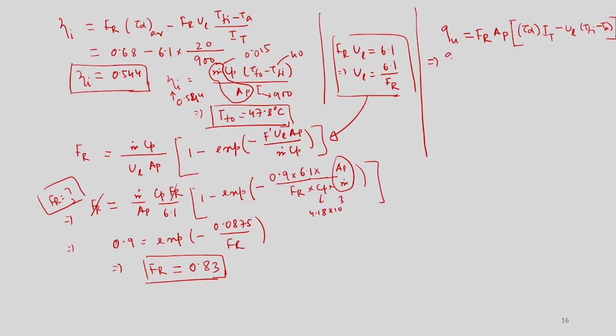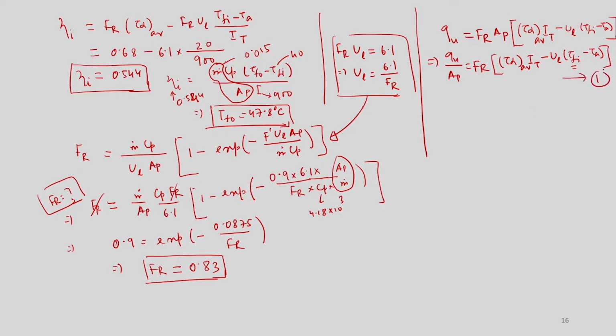Or we can simplify QU by AP as something like FR tau alpha, this is average because it includes both beam and diffuse radiation, then IT minus UL, TFI minus TA. So, this expression QU is in terms of TFI. This expression I can mark as 1 maybe.